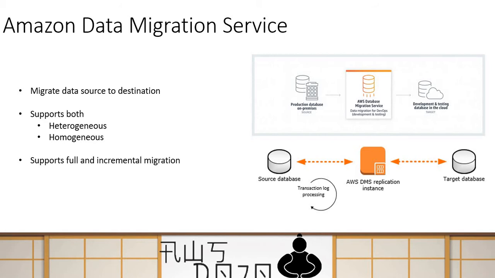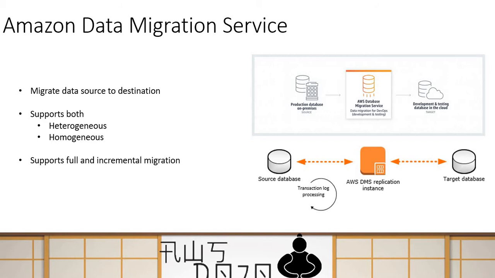But if you are migrating from MySQL to Postgres, or Microsoft SQL Server to Postgres or vice versa, or from a relational database to an S3 bucket, then it is a case of heterogeneous migration. And it supports both homogeneous and heterogeneous migration.